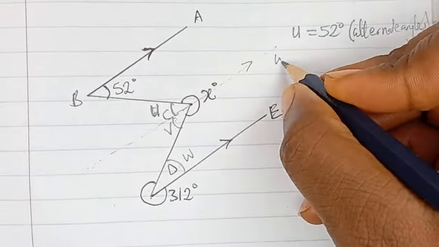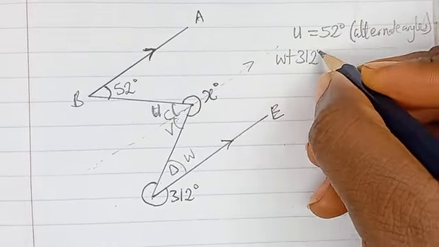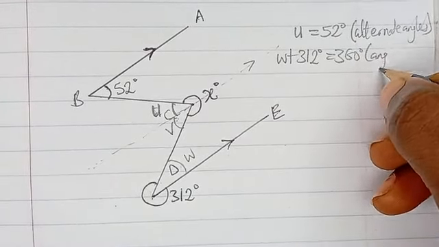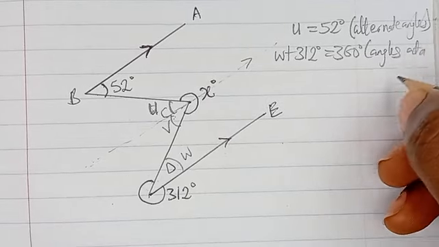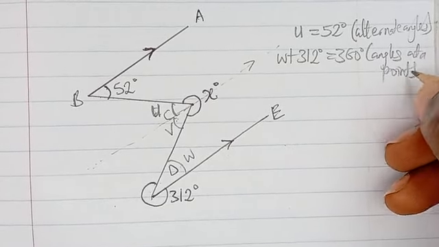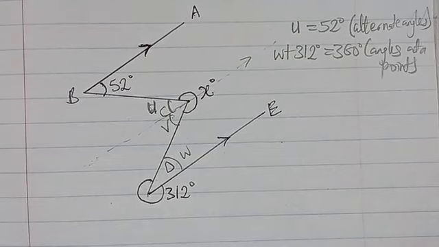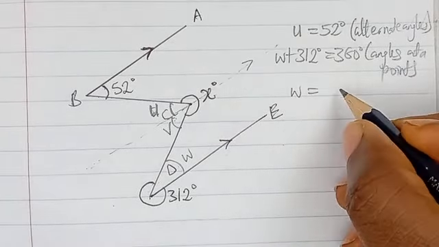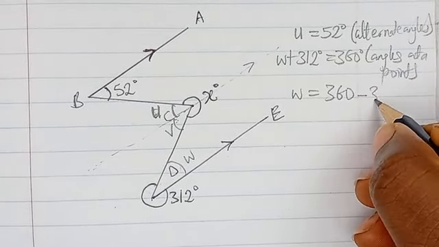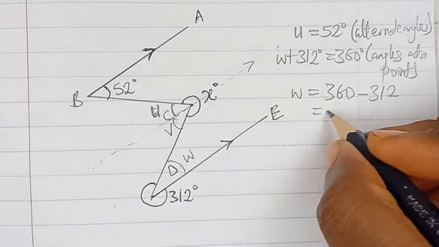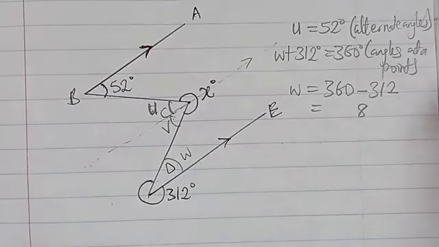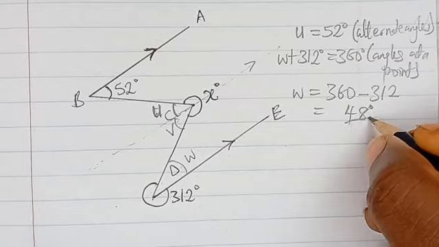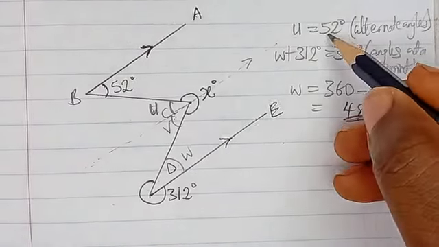We have that W plus 312 degrees is equal to 360 degrees, angles at a point. Then W is equal to 360 minus 312, which is equal to 48 degrees. That is for W.